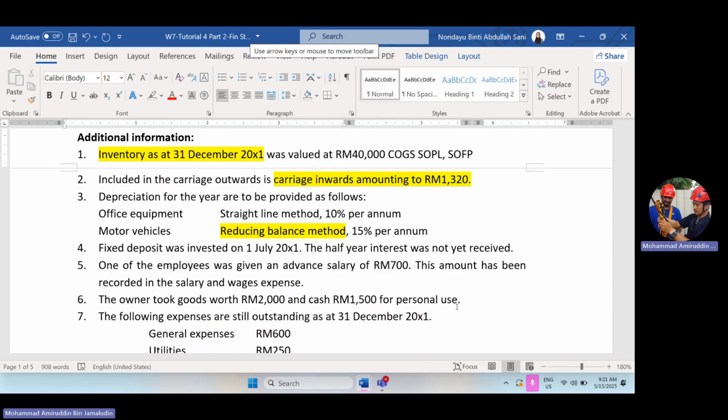So I start invest on 1st July, so of course I'm going to receive the interest only for 6 months, from 1st July until 31st December 20X1. July, August, September, October, November, December. How many months? 6 months. So when you compute your interest, it should be for 6 months only.